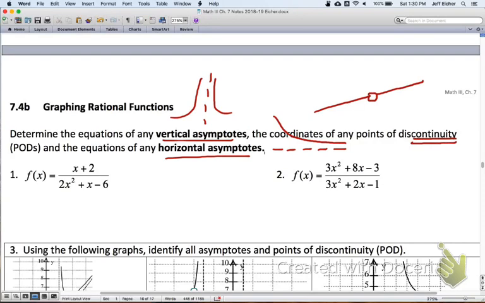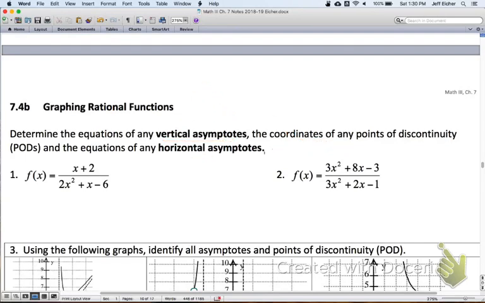So let's review. How do we know when one is one versus the other? A vertical asymptote, anytime you have a factor, a binomial I should say, in the denominator that cannot divide out with a binomial in the numerator, like this x minus 2, you take that denominator and set it equal to 0, x minus 2 equals 0, and that tells you that x cannot be 2.